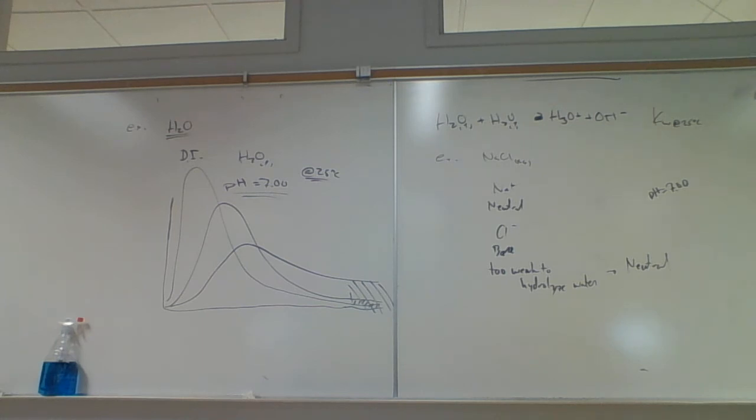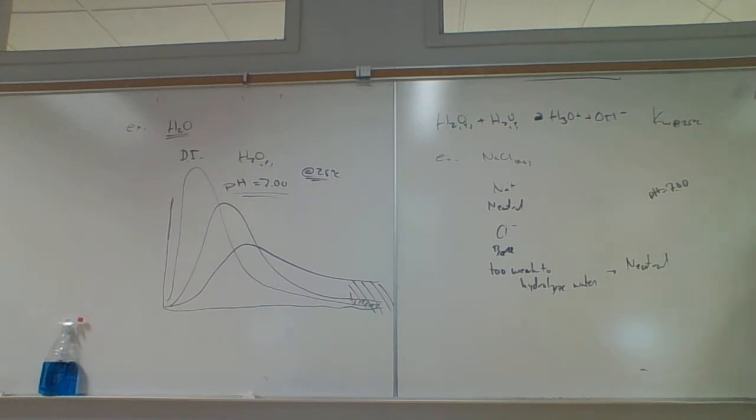Now Kb is its conjugate. What's the conjugate base of HA? The conjugate base of HA is A minus over here. And so A minus, being a base, will hydrolyze water to produce hydroxide. And so this is going to form HA plus hydroxide. And the Kb equation is going to be HA times the hydroxide divided by the A minus.